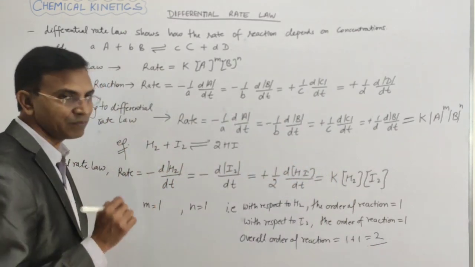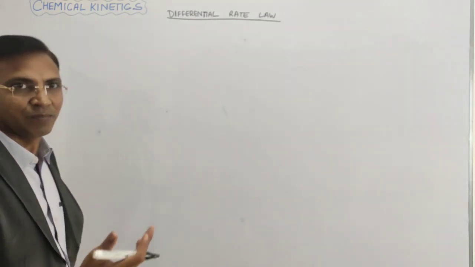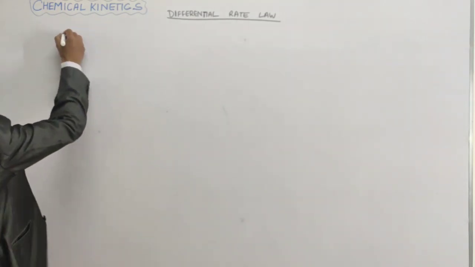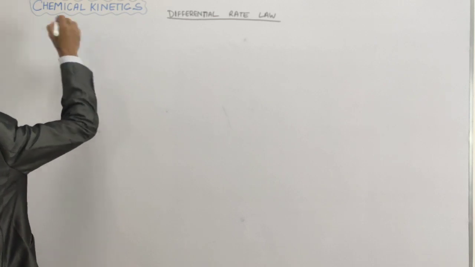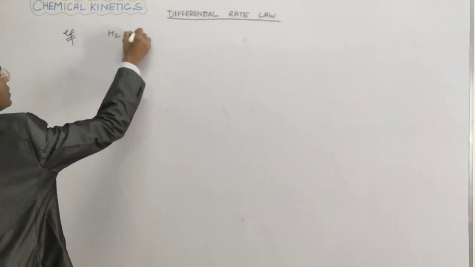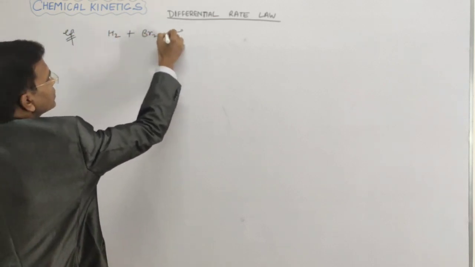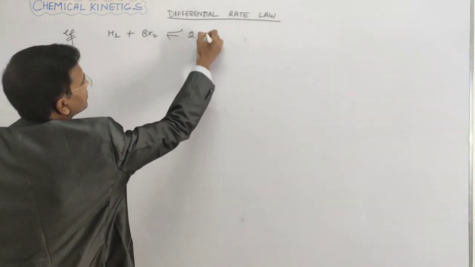Now take one more example, right? Let us take H2 plus Br2 gives 2HBr.